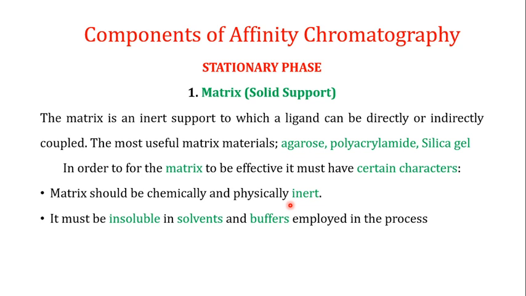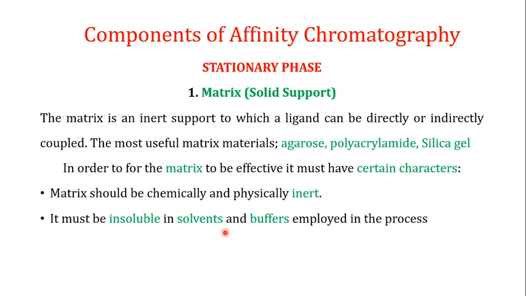When we say that the matrix should be chemically and physically inert, we mean that it is not chemically or physically interacting with our biomolecule, so that the identity of the biomolecule is not changed.